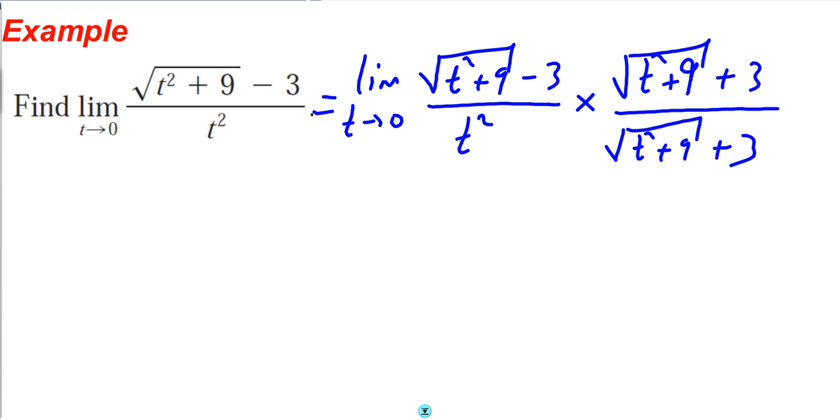Now you will see that this gives us the limit as t approaches 0.